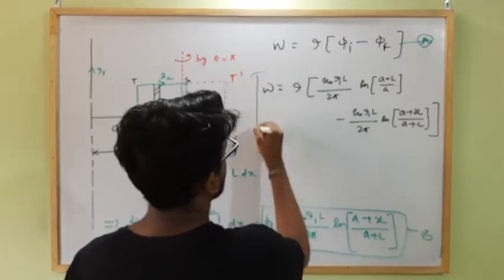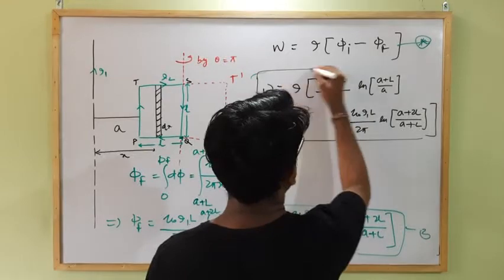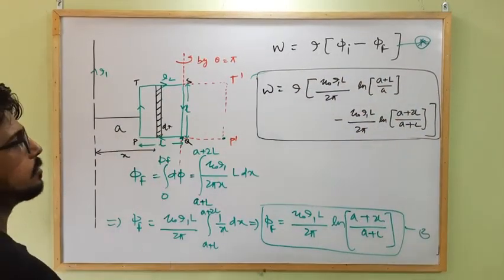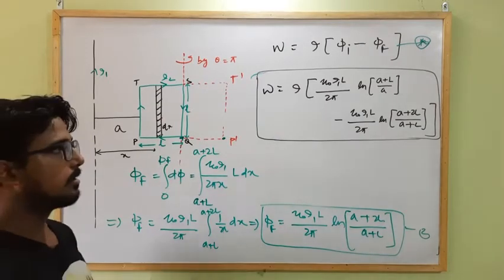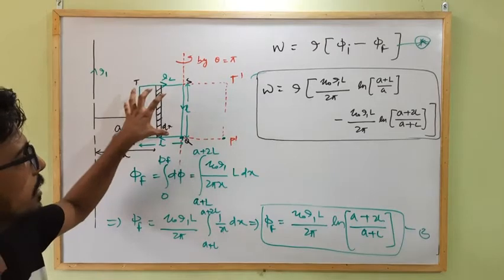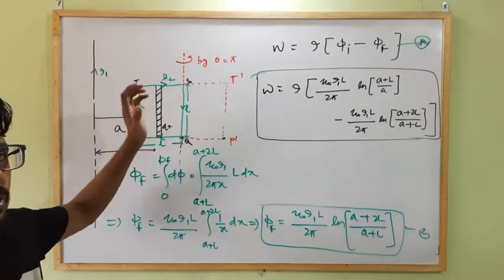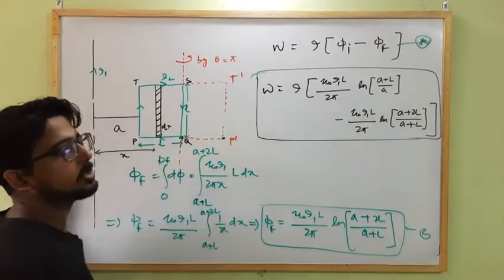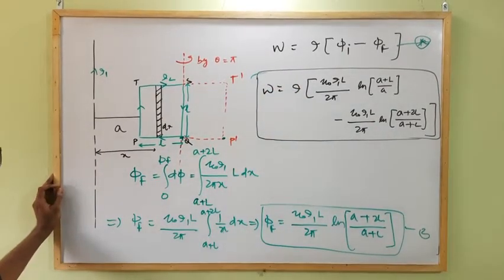Clear? This will be the expression for the amount of work done by rotating this coil from this place to this place. Understand? So for work done in moving or rotating a current carrying loop in an external magnetic field, it will be I into the initial flux linked with the coil minus the final flux linked with the coil. Clear?